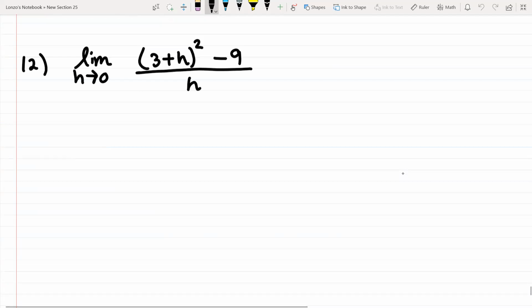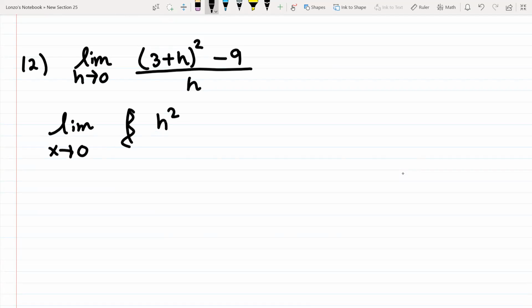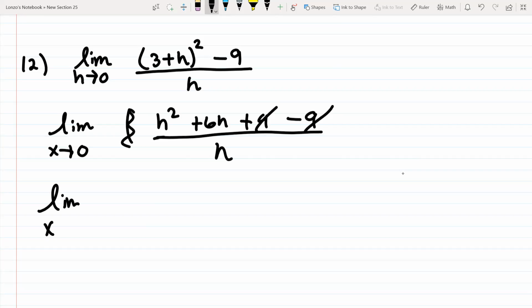The last one. The limit as h approaches 0 of (3 plus h) squared minus 9, all over h. So maybe if I simplify the power. So (3 plus h) squared is going to be h squared plus 6h plus 9, and then minus 9, all over h. So the 9's cancel, so you have the limit as h approaches 0 of h squared plus 6h all over h.